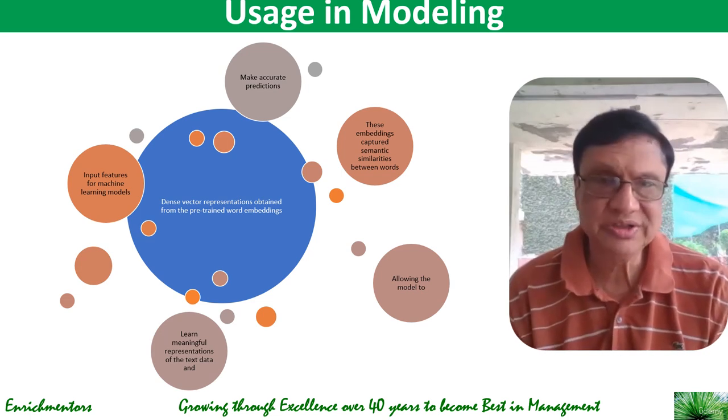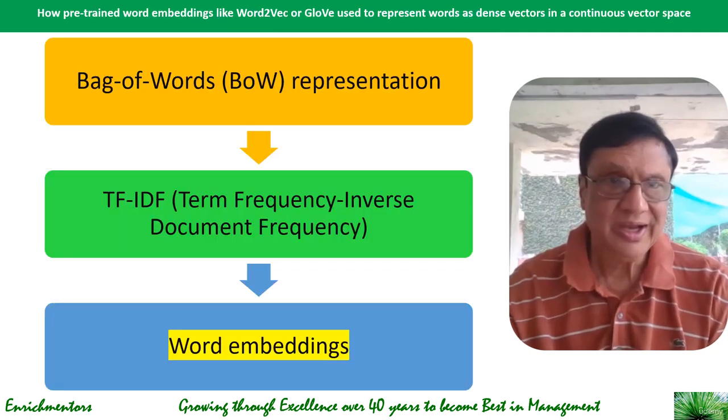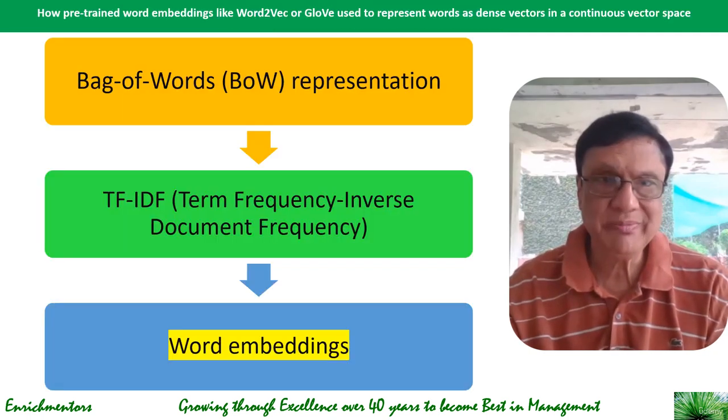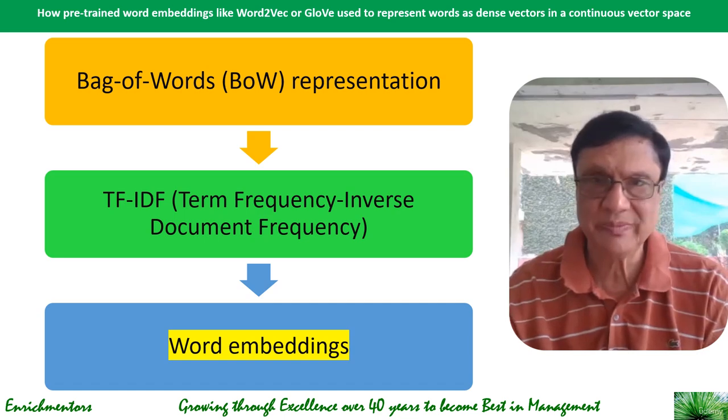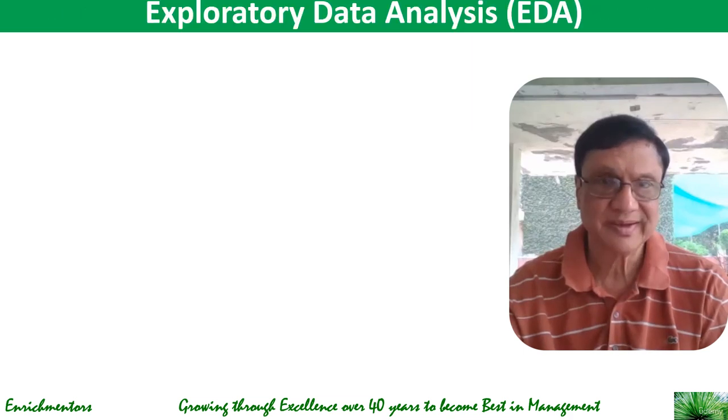So this is how the dense vector representations of the 3 reviews were used in the model. Using pre-trained word embeddings like word2vec and GloVe provided a way to represent words as dense vectors in a continuous vector space that computers with machine learning models could use, and they captured semantic relationships between words and enabled effective modeling of the text data in the sentiment analysis project.